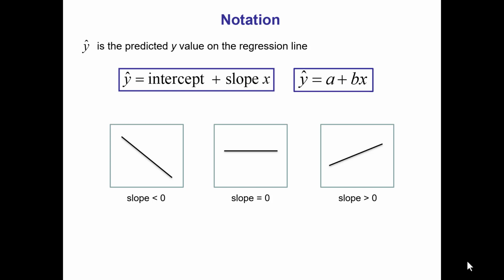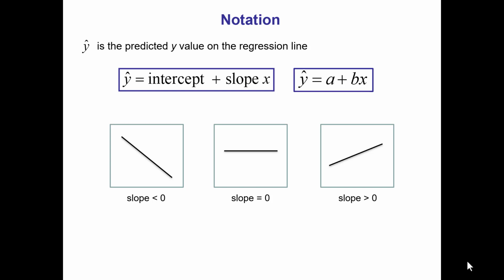So, if you had a negative relationship, as x increases, y decreases, you would have a slope that's less than 0, that's negative, and it would start sloping down to the right.